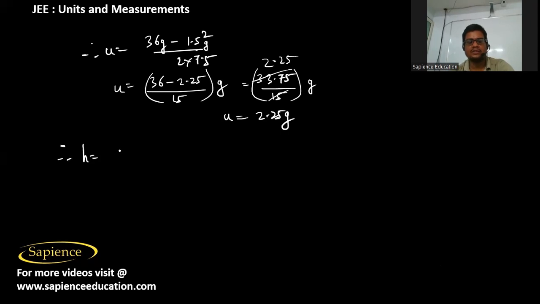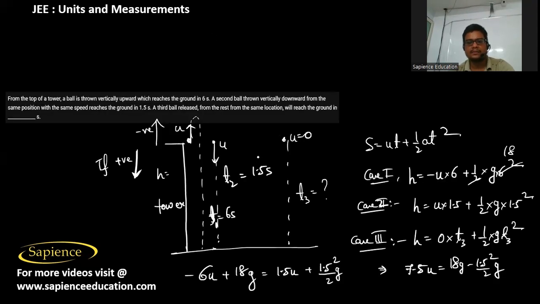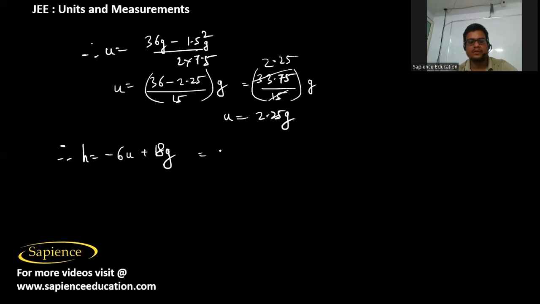Therefore h will be equal to minus 6u plus 18g. So this will be equal to minus 6 into 2.25g plus 18g.